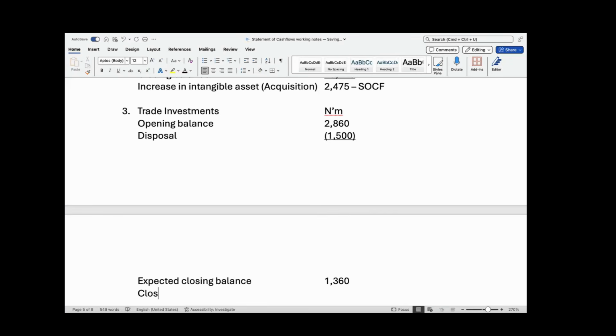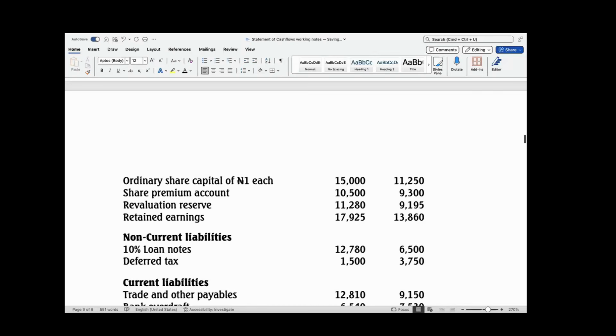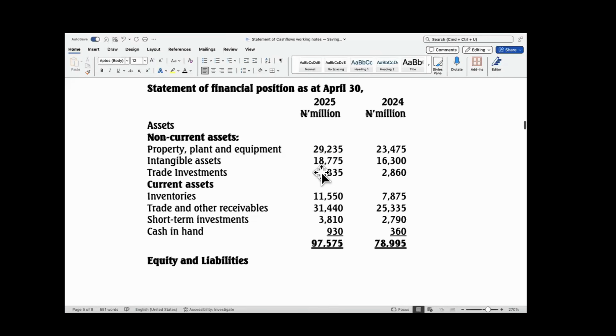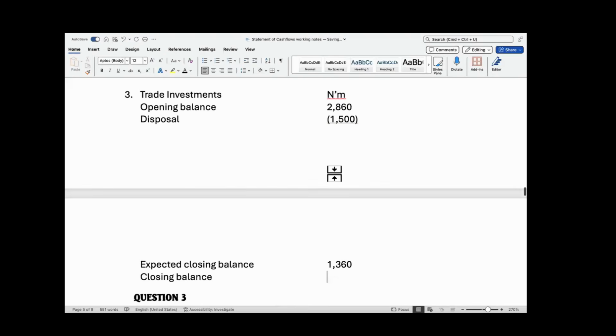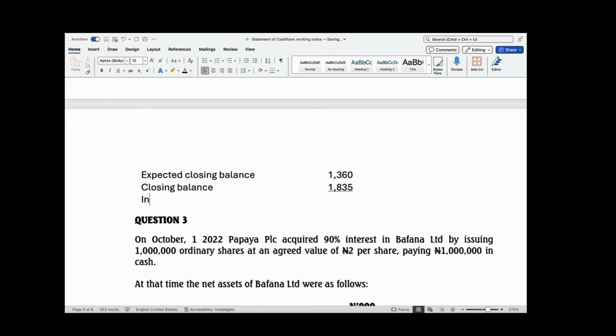1,360. But what was actually the closing balance that we have? We have 1835. So there's an increase in trade investment.